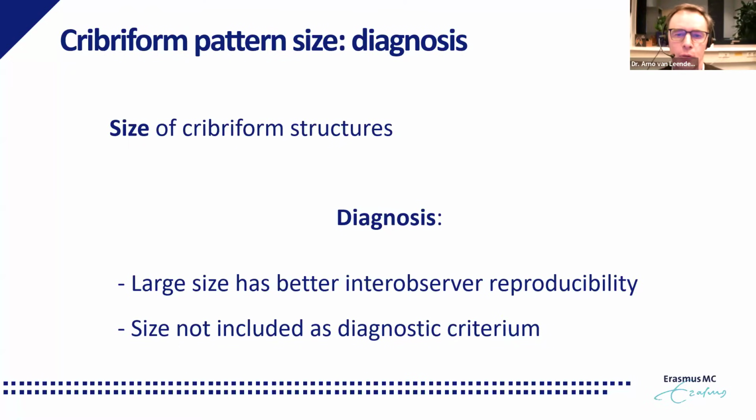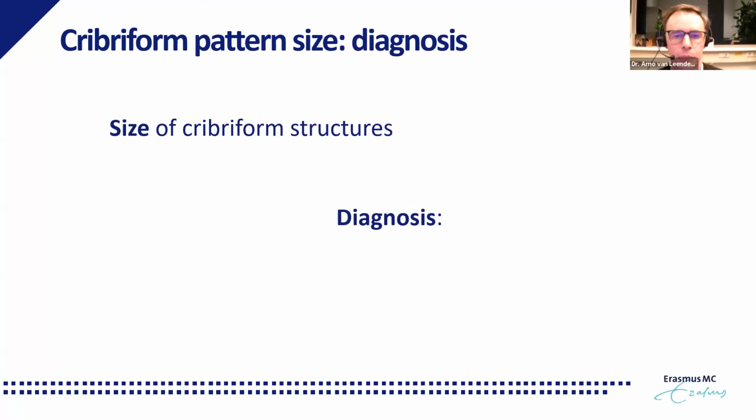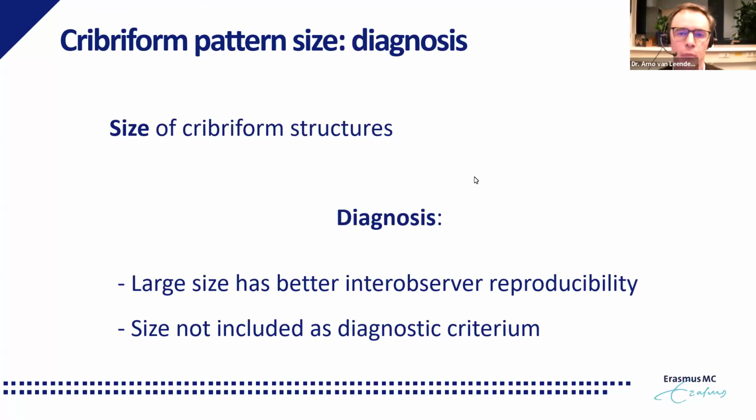If you look at this slide again, this one on the right, probably everybody will agree this is cribriform pattern. However, when you have these very small areas, I can imagine there's really some disagreement and that people may overlook it or would call it differently. So if you have large cribriform pattern, the reproducibility is really excellent.